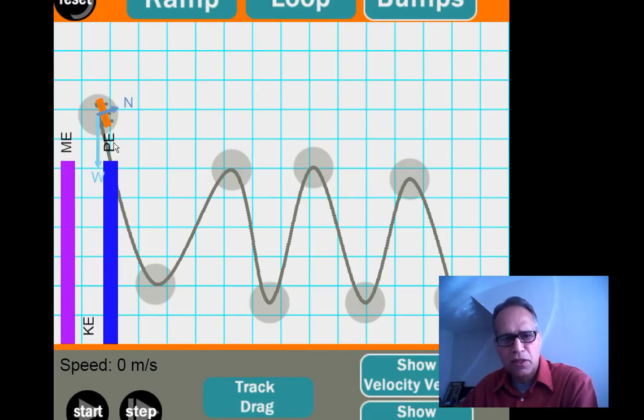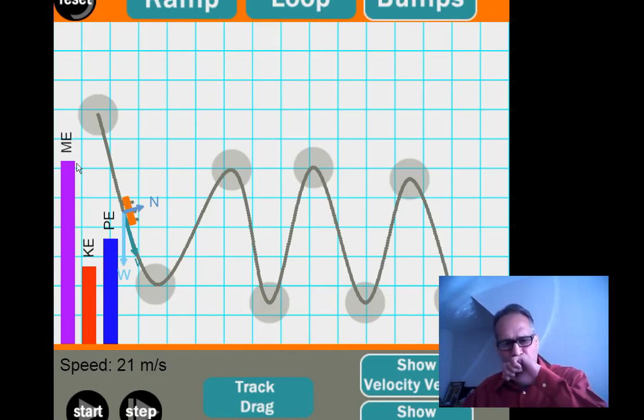At this time it's showing the weight acting downwards. Everybody can see that there's a normal reaction from the track, and if you start it like this, you can stop it here anytime. It will indicate the speed, the potential energy, the kinetic energy, and total energy of the system, and simultaneously show the force vectors.